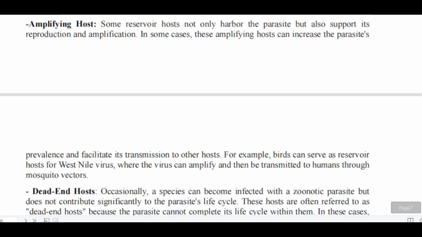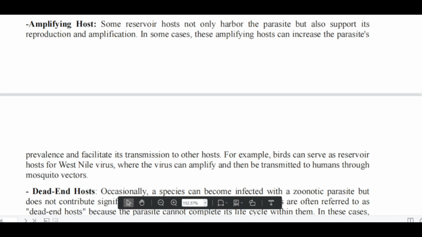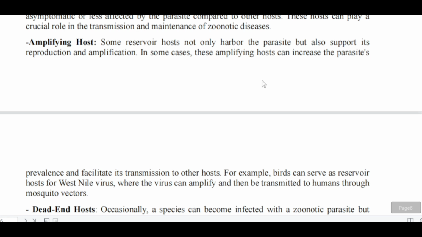Then you have what are known as amplifying hosts. Some reservoir hosts don't just harbor the parasite, they support the parasite for its reproduction and its development.